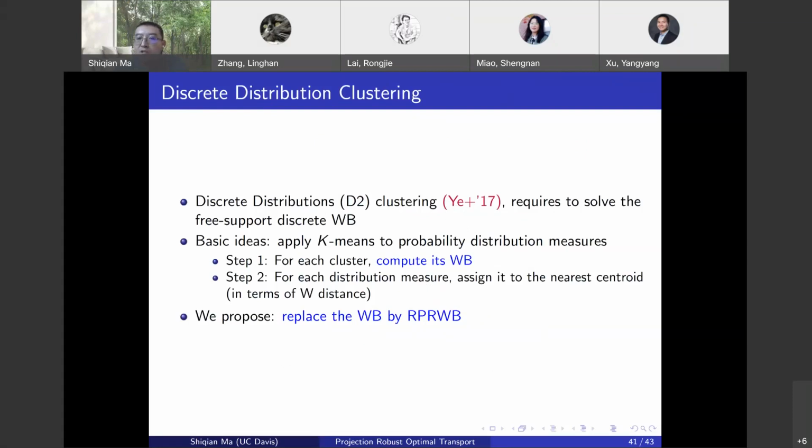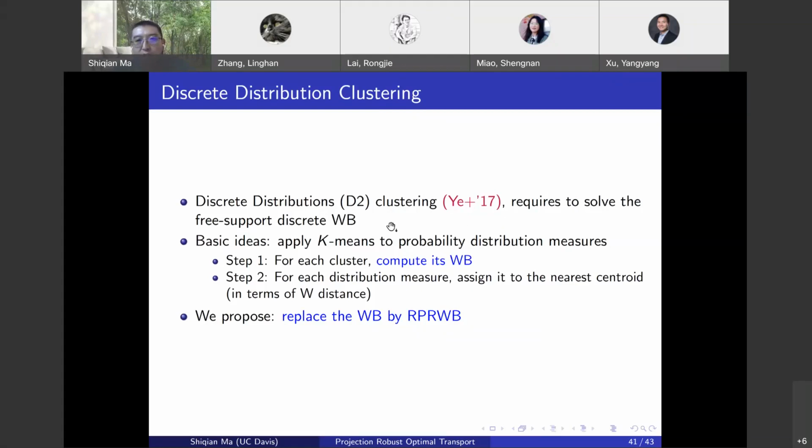In Kmeans, each iteration has two steps. One step is that for each cluster, you compute its center. Then after you compute the center, you assign each of the data points to the closest center or the closest cluster. That's how Kmeans works.